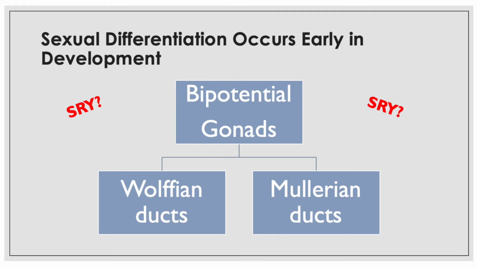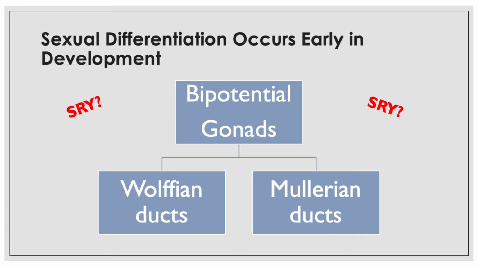Early in development, it is very difficult to determine the sex of the embryo because the reproductive structures have not started to develop yet. Therefore, early in development, the embryonic tissues are called bipotential because they cannot be morphologically distinguished as being male or female.